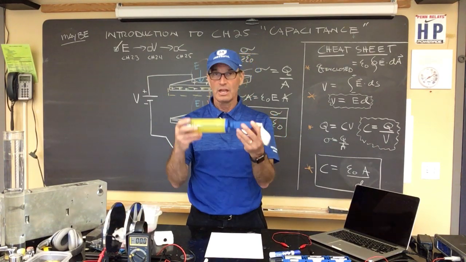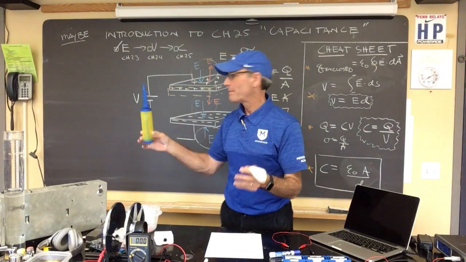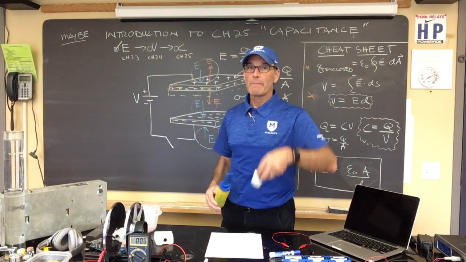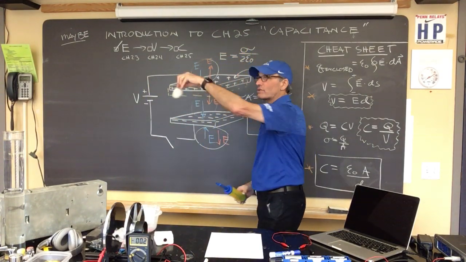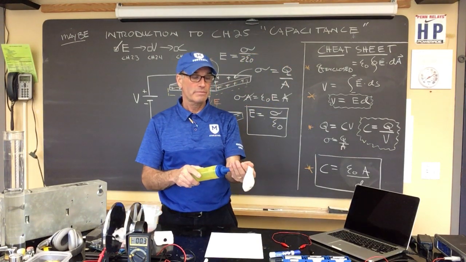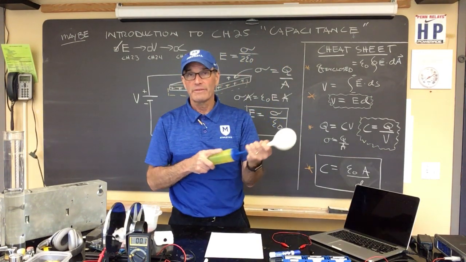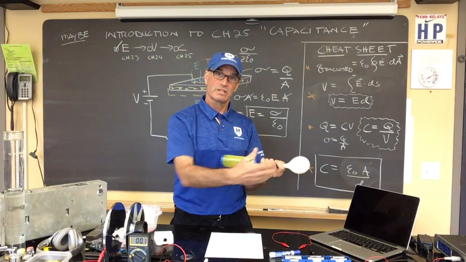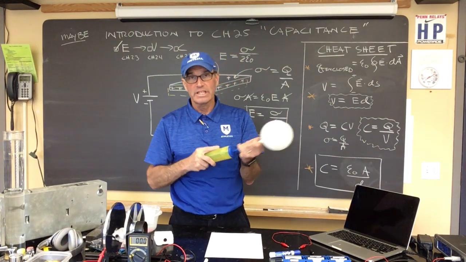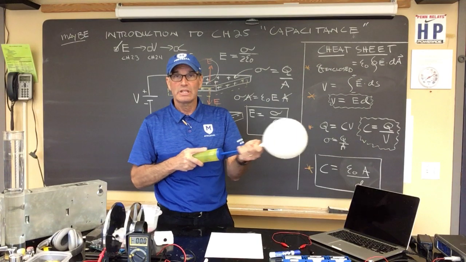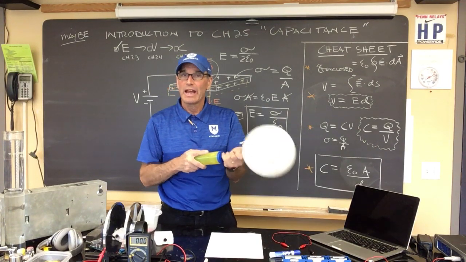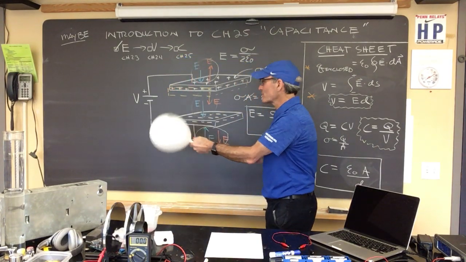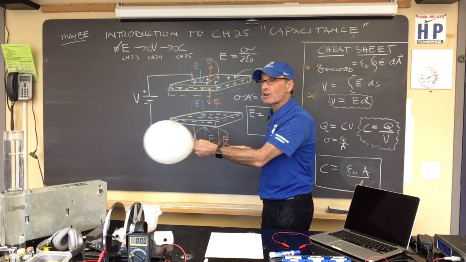So think of the pump as the battery and the balloon as the capacitor. And the pump, I have to apply force over a distance, and I'm filling this balloon. So this balloon is being filled with air, as opposed to this capacitor being filled with electric charge.